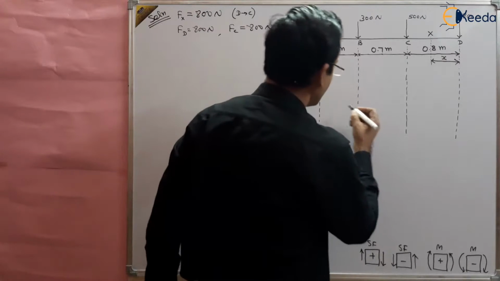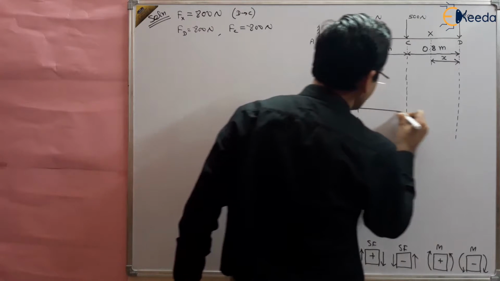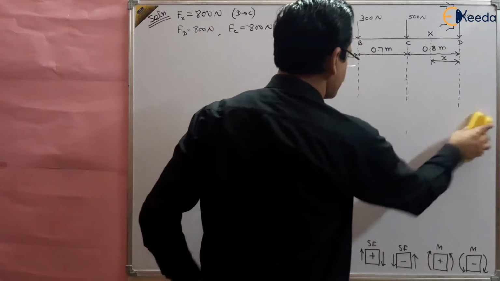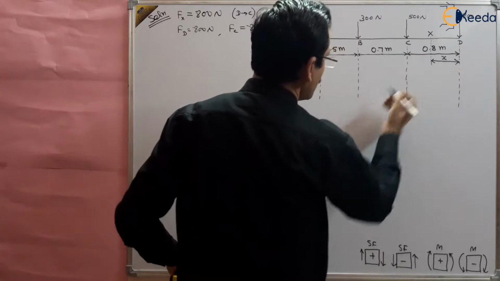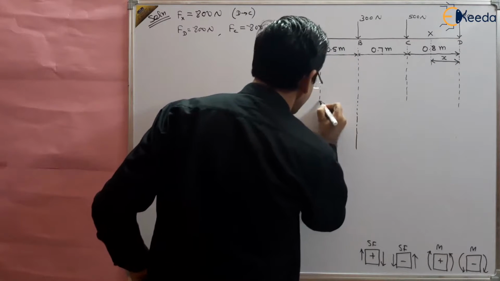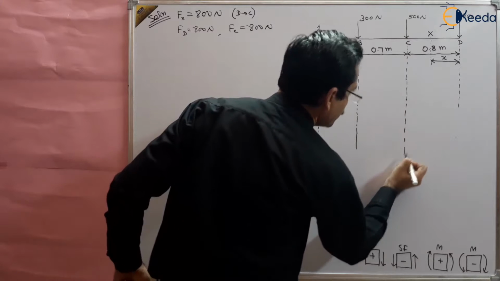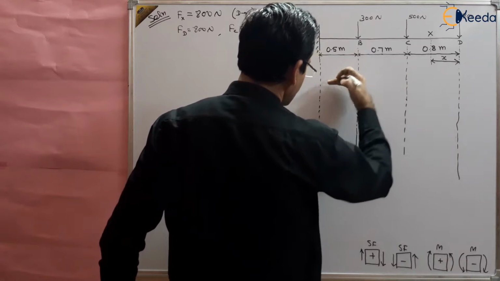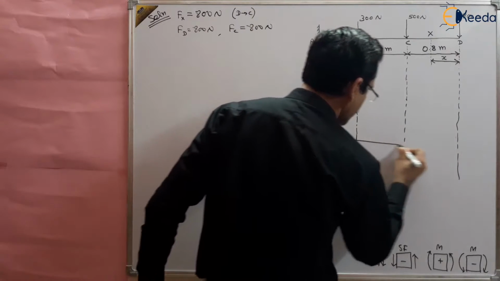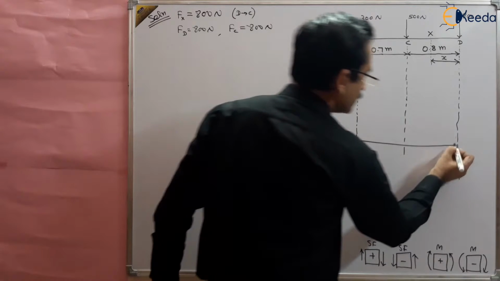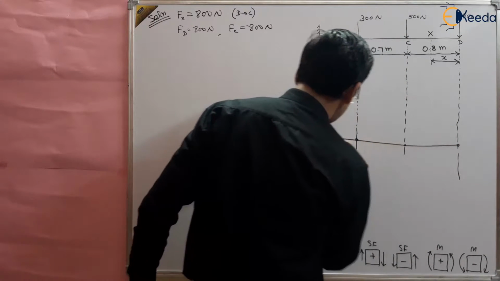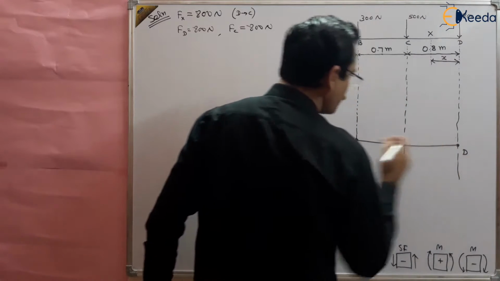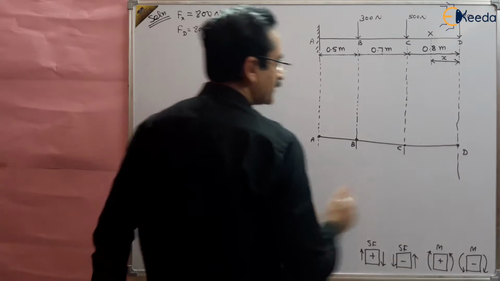So you can now draw the diagram. Suppose this is the baseline. Because we have to cut more sections also, let us take it somewhat downward so that space may be there. Yes, this is okay, right? So these are the points A, B, C and D, and at point D the force is 800 Newton.